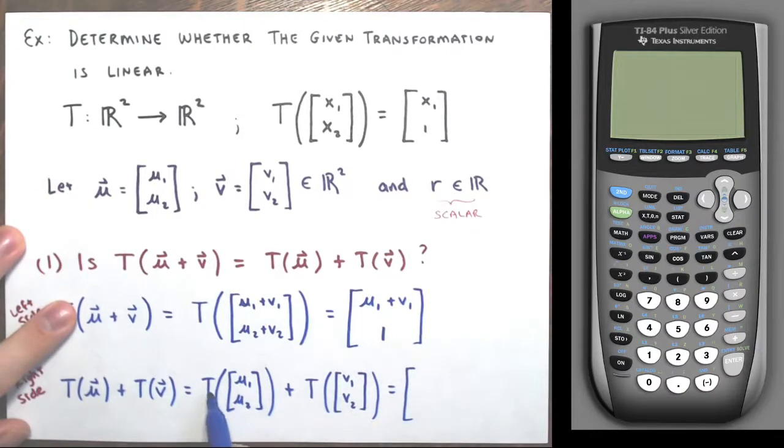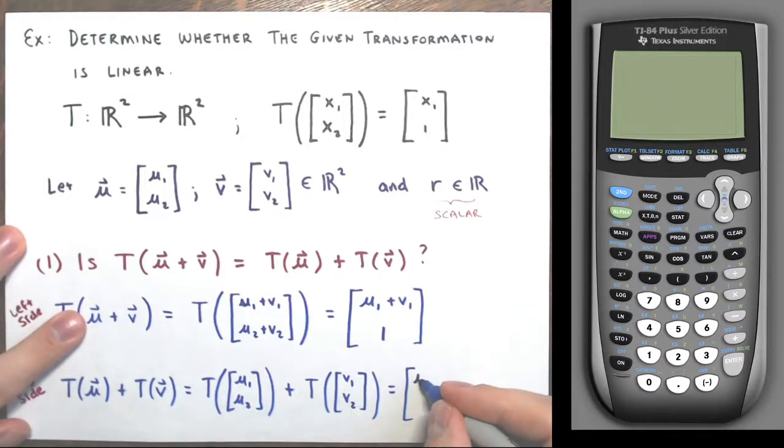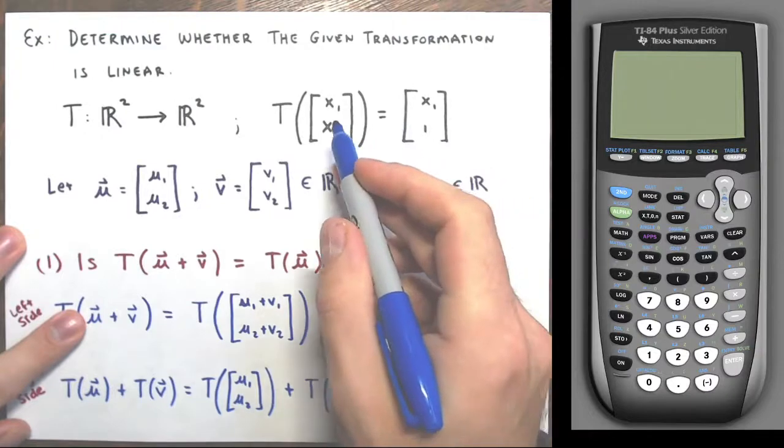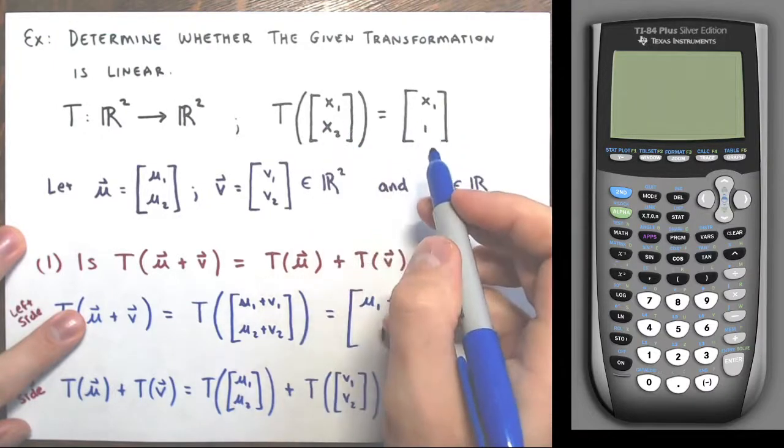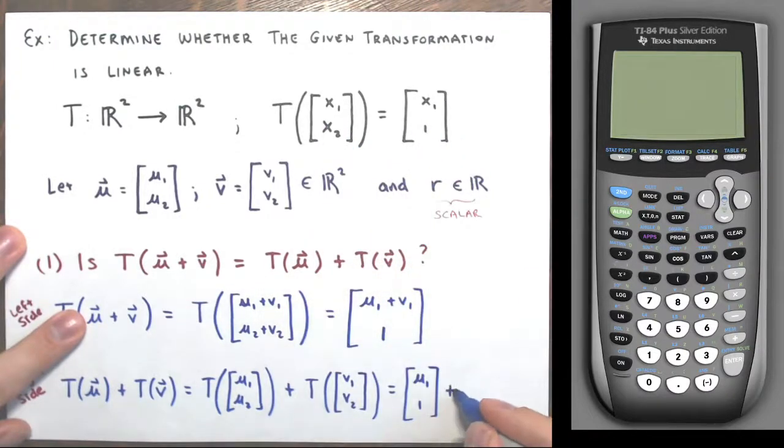I apply T to u first. Remember, this would just be u1, 1, applying this rule to the vector u1, u2. Plus, applying the rule for T to vector v1, v2, I just have v1, 1.